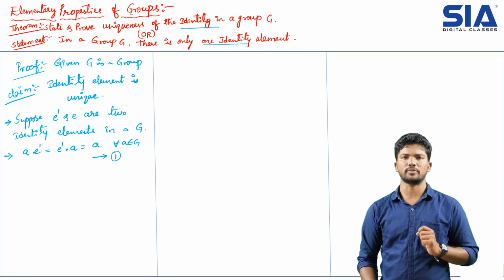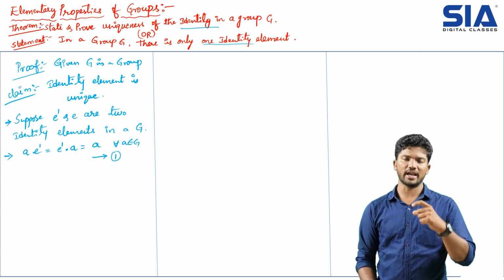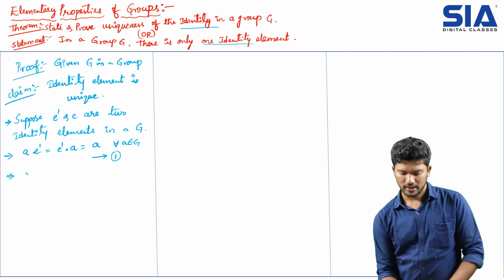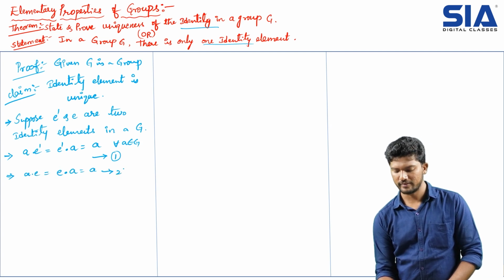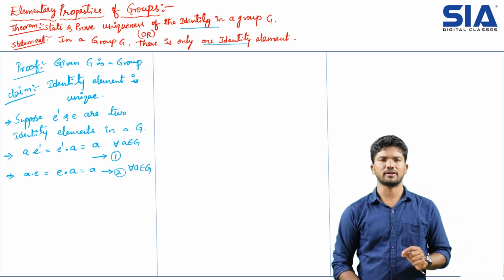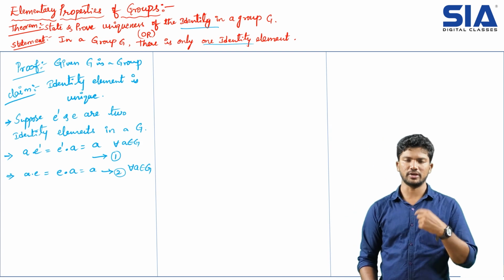And we have another identity element small e, so a into e is equal to e into a is equal to a, for all small a belongs to capital G. This is equation number 2. For E dash we have equation 1 and for small e we have equation 2.